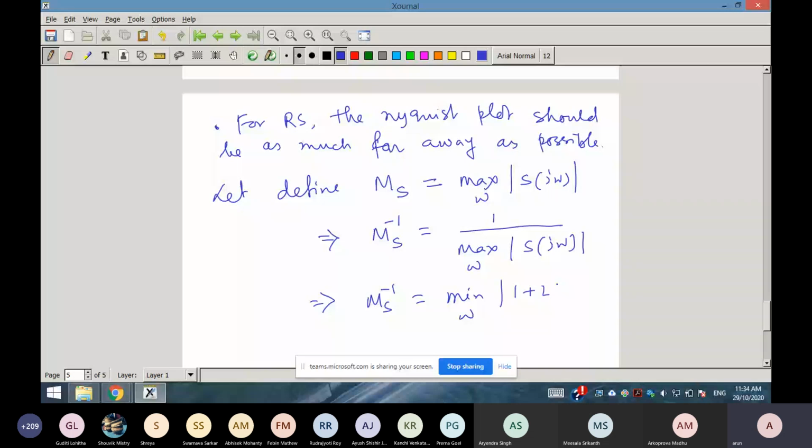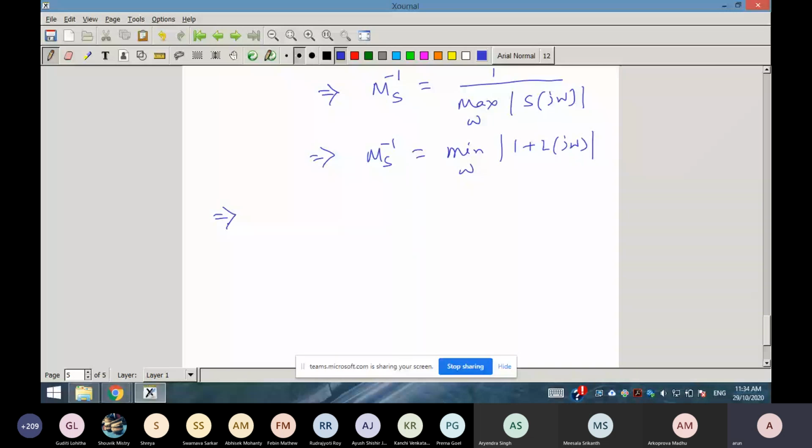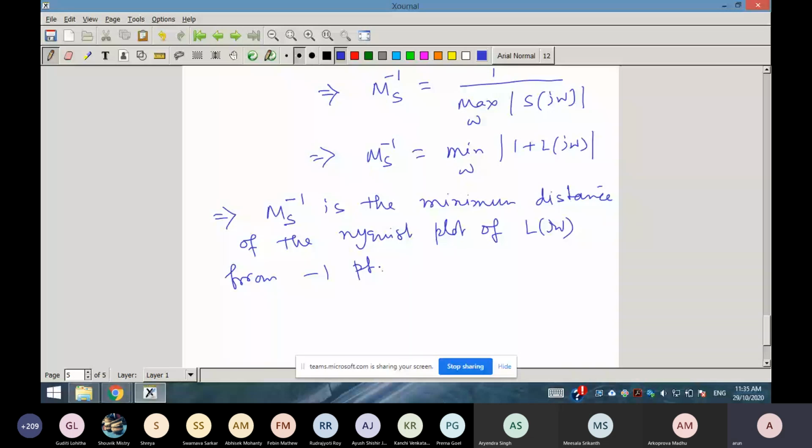So now you see, this implies Ms inverse is the minimum distance of the Nyquist plot L(j omega) from the -1 point.